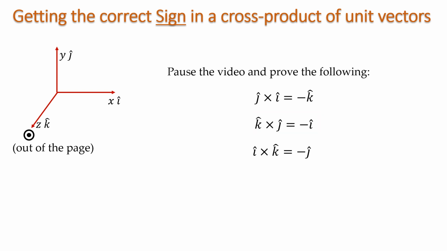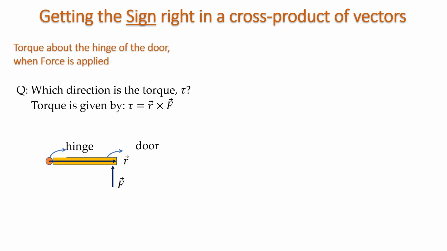Now we consider the third case, which is i cross k. Now here we are looking at the floor. As we move from i to k, we are going inside the floor, which is against y-axis. So it is minus unit vector j. I hope that makes the things quite simple.